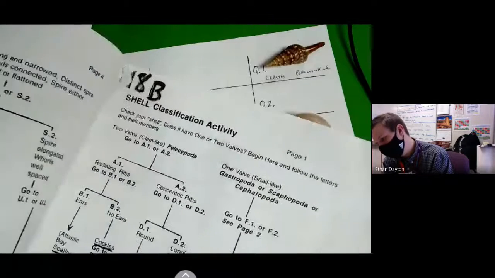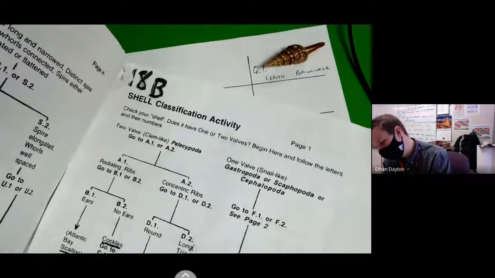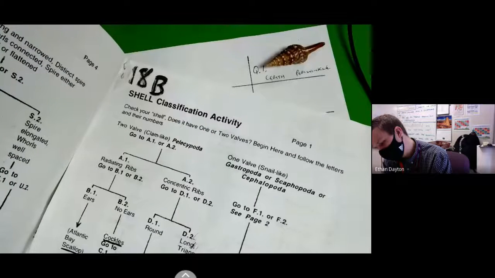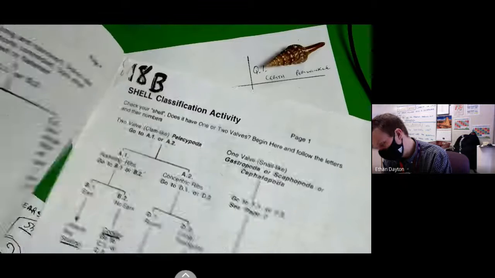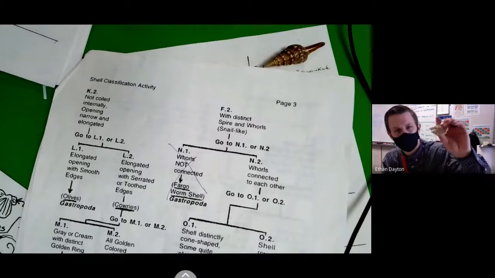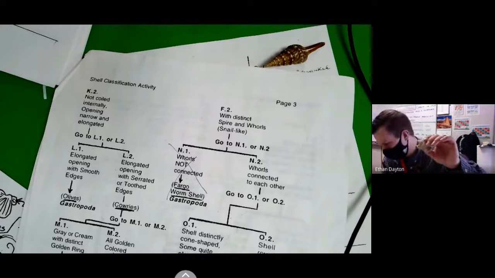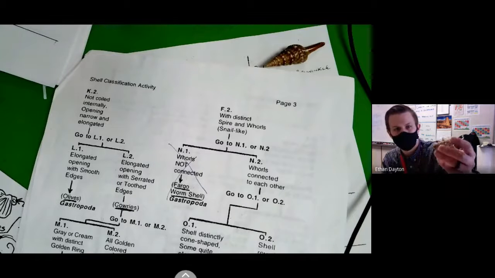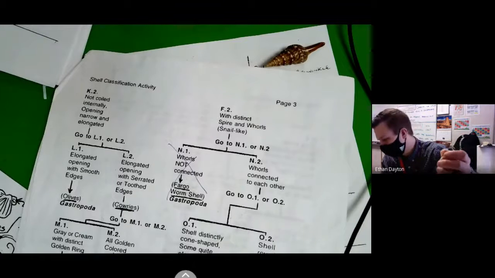I'm trying to think. I mean, it's not distinctly cone-shaped. That's what's throwing me off here. It doesn't look exactly like a cone. I'm going to go with O2.